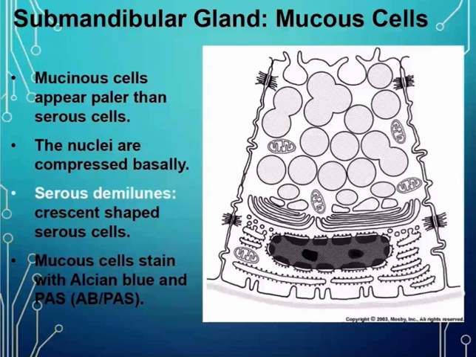We have small crescent-shaped serous cells found around the mucus acini, so we call them serous demilunes. I'll show you here.